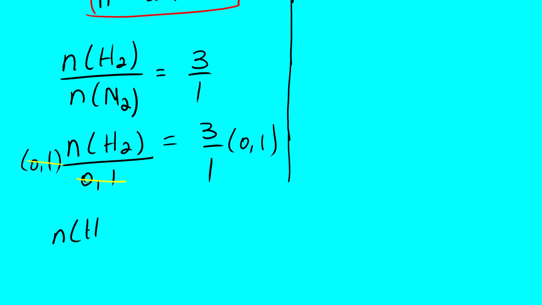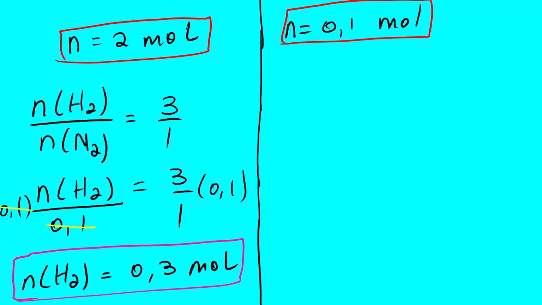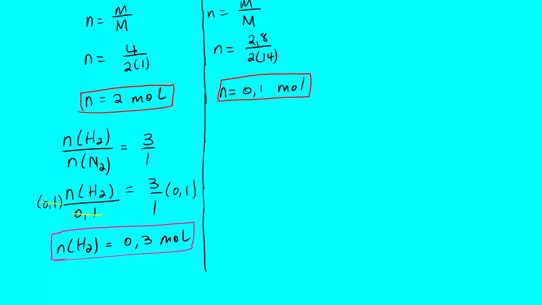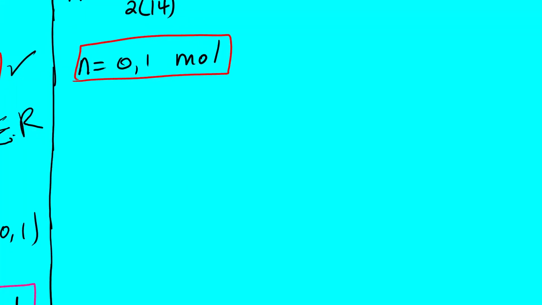So we have N of H2 equals 0.3 mole. From here you can compare which one is the limiting reagent, which one is greater than the other one. As you can see, we have 2, and then we only need 0.3. So we already know that this is the excess reactant. We need 0.3, but we have 2 moles.